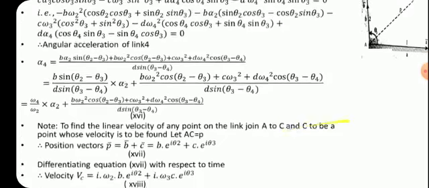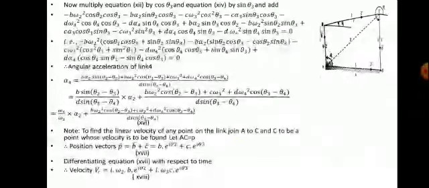Now we can see this equation: angular acceleration of link 4 can be given by alpha 4 equal to omega 4 by omega 2 into alpha 2 plus b omega 2 square cos theta 2 minus theta 3 plus c omega 3 square plus d omega 4 square cos theta 3 minus theta 4 divided by d sin theta 3 minus theta 4.